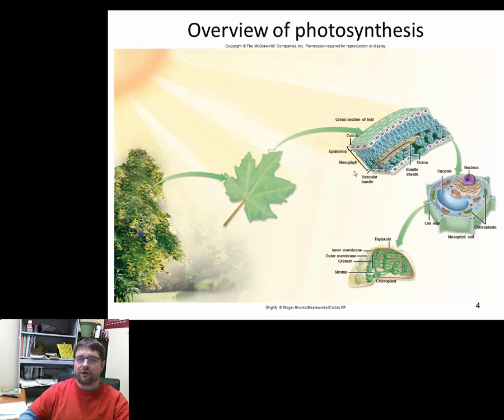Just note that photons are captured by chloroplasts, specifically by pigment molecules, either chlorophyll molecules or accessory pigment molecules. The energy from that is then utilized to combine carbon dioxide and water to make carbohydrates. We'll look at that in a little bit.